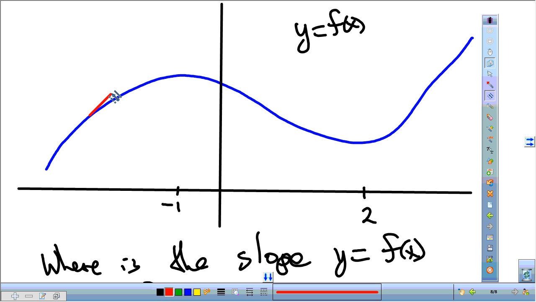So when can we draw a tangential direction that goes up? So we see some places up, but on this particular picture, some places down.